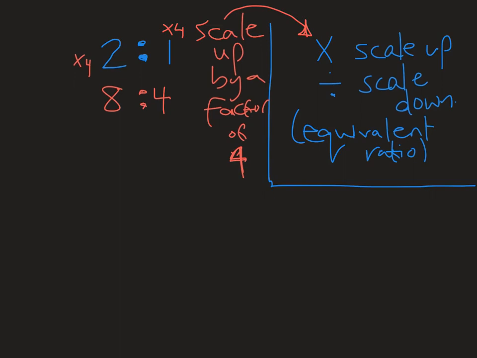And now that's a scaled up version of 2 to 1. So your trick is always multiply or divide both sides, or all terms.